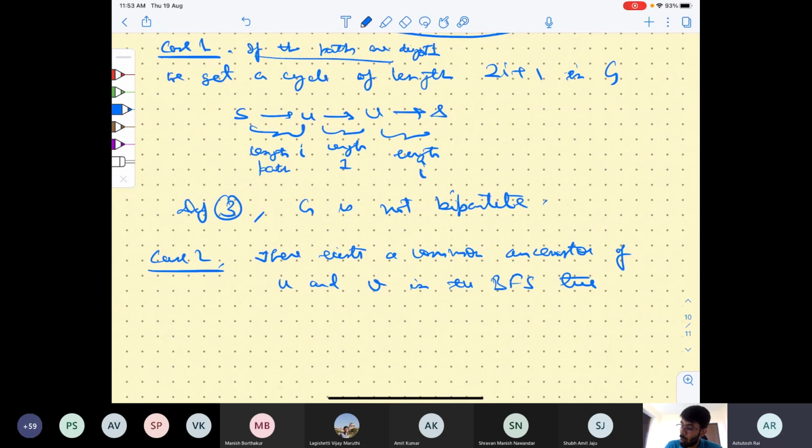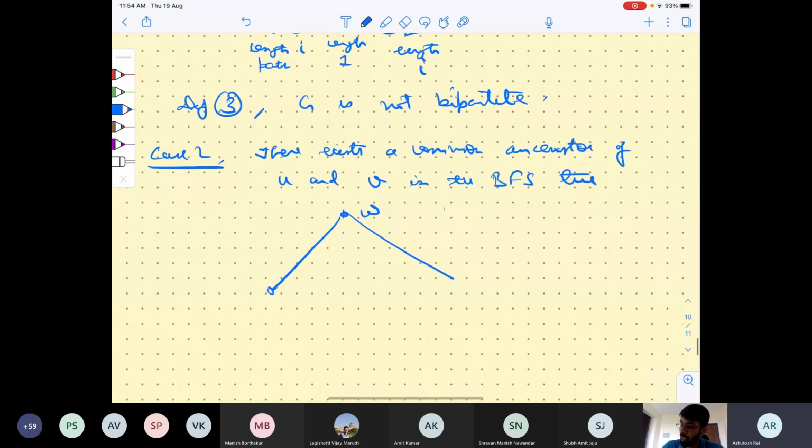So there exists a common ancestor. Basically, what you can show is that either S is a common ancestor, or in the BFS tree, you have a vertex from where the paths diverge. So let W be the common ancestor, and then again the same proof works because W is in layer Lj, let's say.